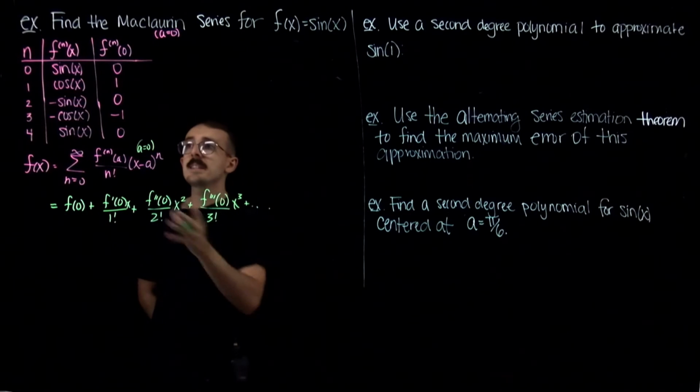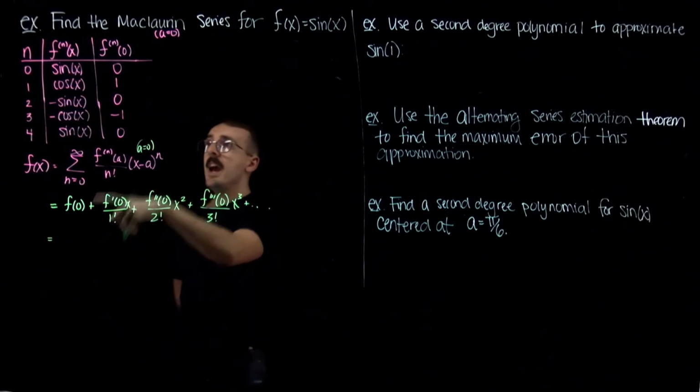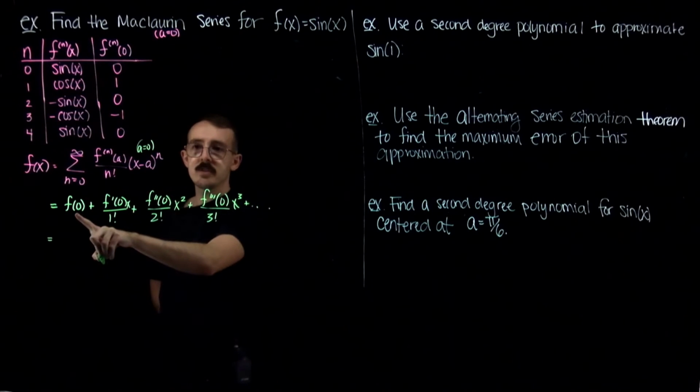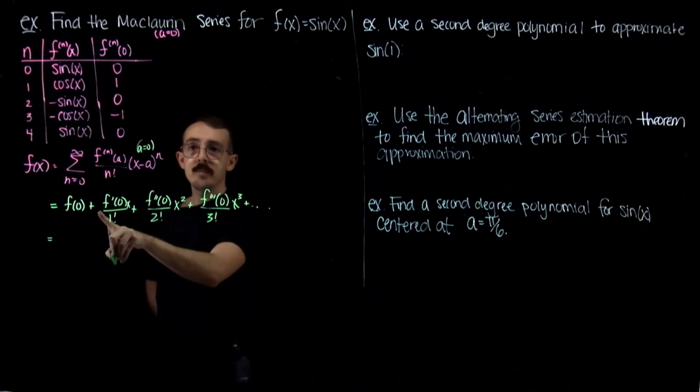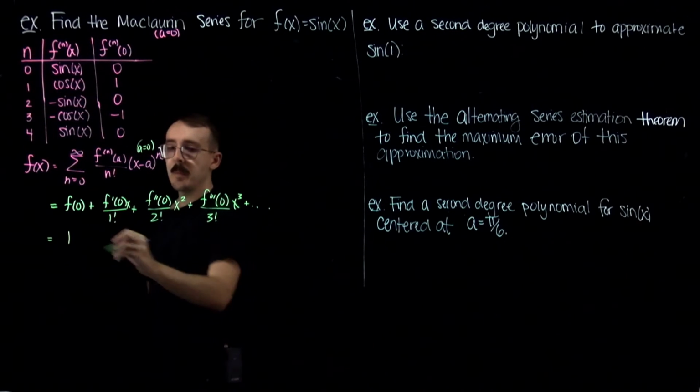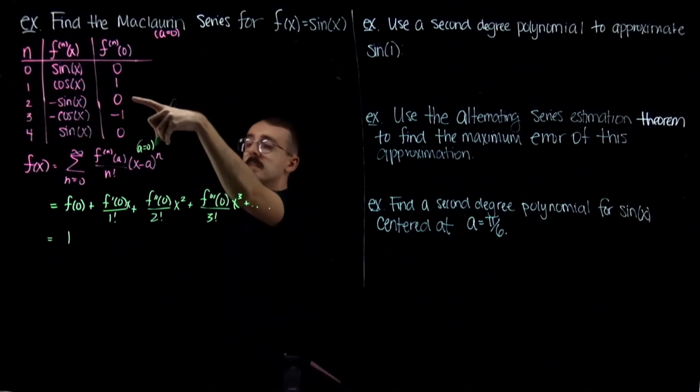And this continues, right, if you were to expand this. So what I'm going to do is start filling in what I have. So f of 0 is 0, so this first term is 0. f prime of 0 is 1, so in this spot, I have 1. And then, if you notice, the second derivative at 0 is also 0.